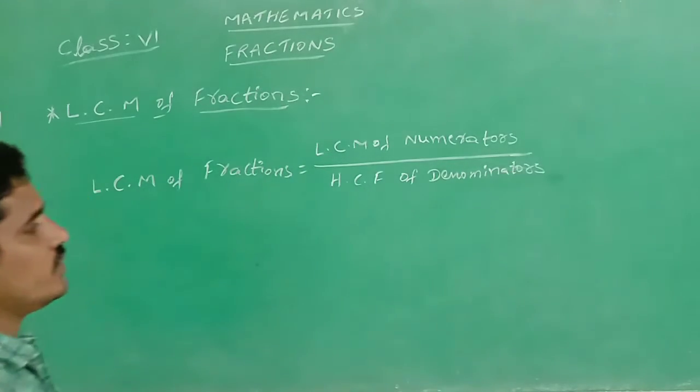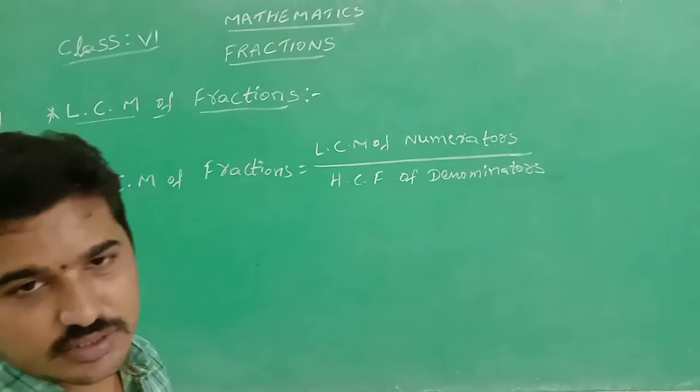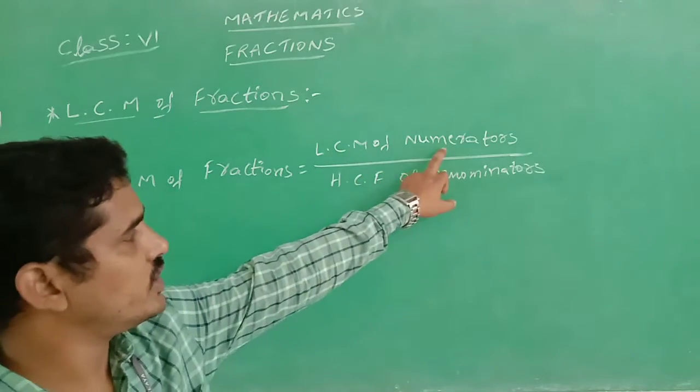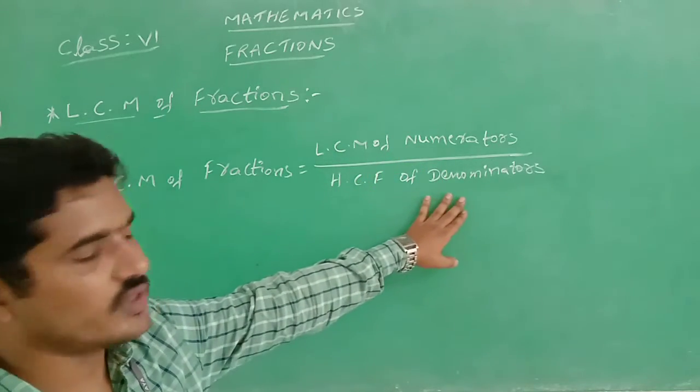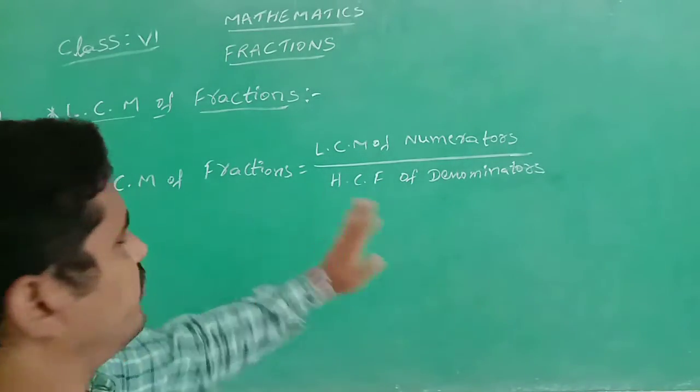This is the formula we have to use for finding the LCM of fractions. So, least common multiple of numerators by highest common factor of the denominators. This is the formula for finding the LCM of fractions.